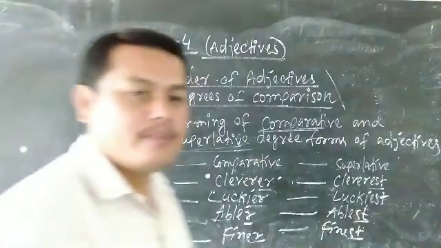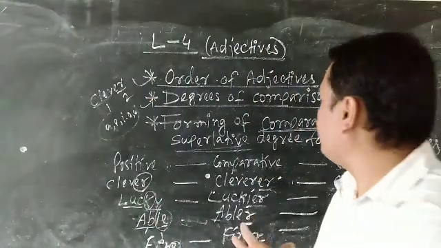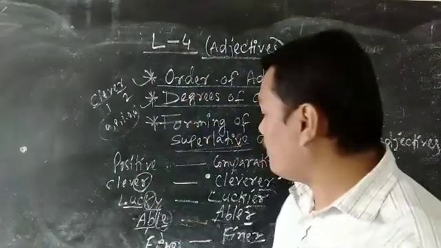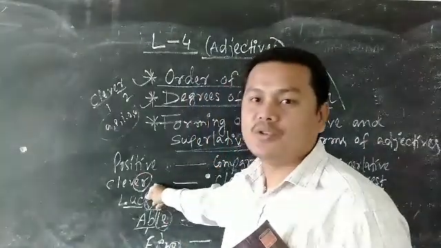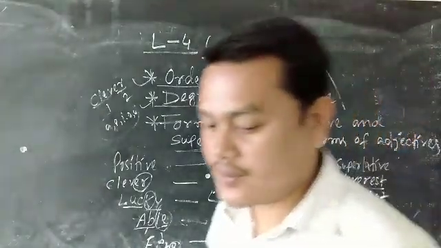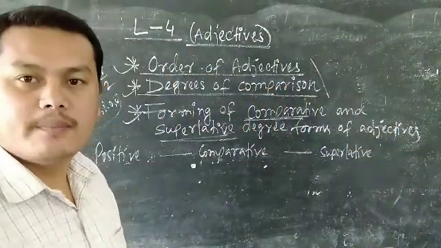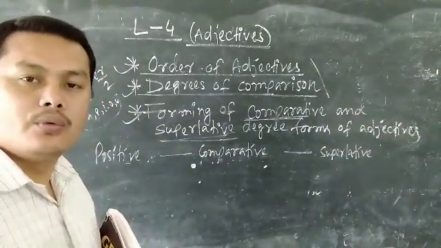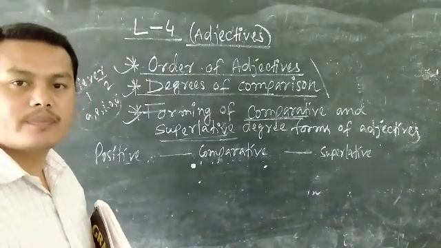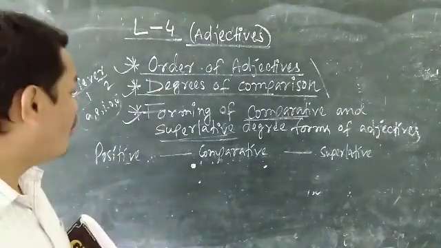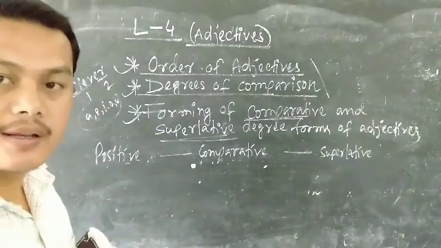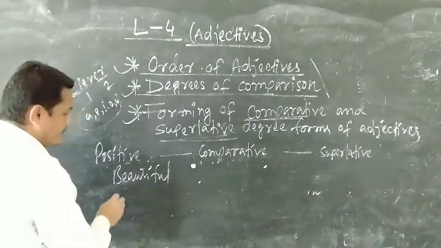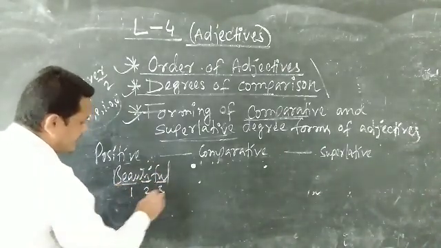So my dear students, these are the important rules of forming adjectives in the comparative and superlative degree. Please learn this. Most of the things depend on the last two letters, or the composition of the last two letters, of these adjectives. And dear students, besides these words, we have some other words which have more than two syllables. In that case, we will have to use more in the comparative degree and most in the superlative degree. For example, beautiful. Beautiful: 1, 2, 3.